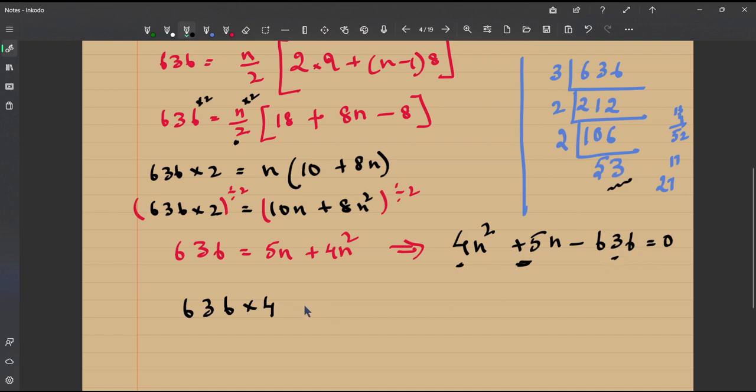636 into 4. So it is equal to 53 multiplied by 2 squared into 3. We have taken these numbers and multiplied by one more 2 squared because of this 4 here. So now our purpose is to find two numbers which multiply to 636 into 4 and which add up to 5.